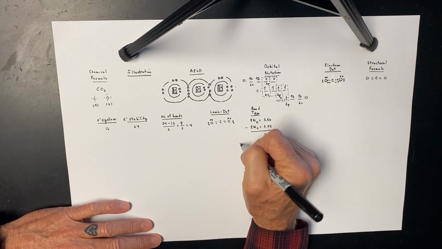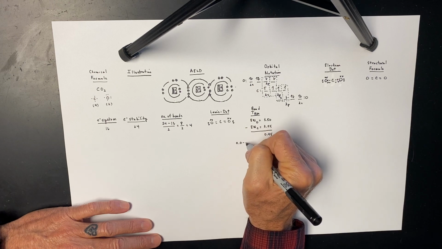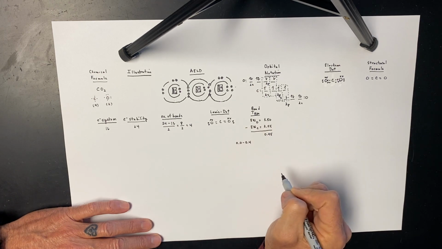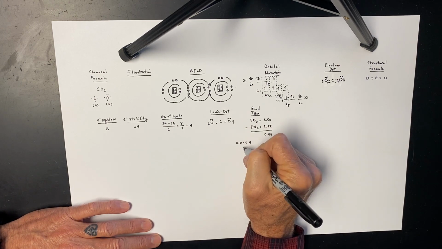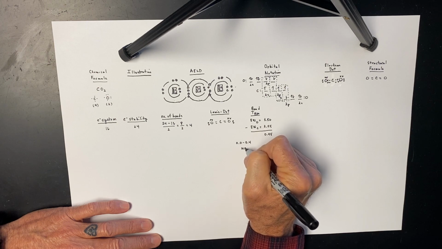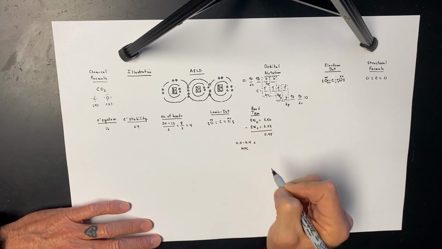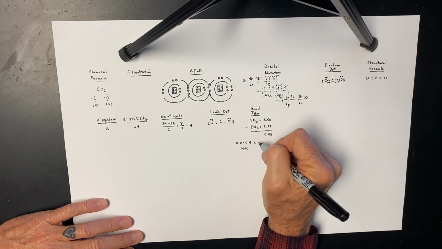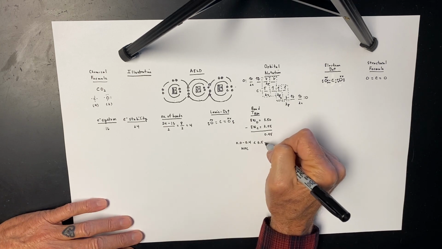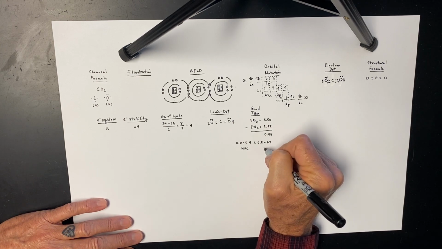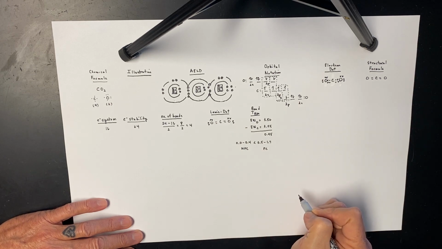That difference gives you a window into the extent to which carbon and oxygen share those pairs of electrons. And keep in mind that if the electronegativity difference is between 0.0 and 0.4, we identify a bond as being nonpolar covalent, or NPC. If the electronegativity difference is between 0.5 and 1.7, we say a bond is polar covalent.